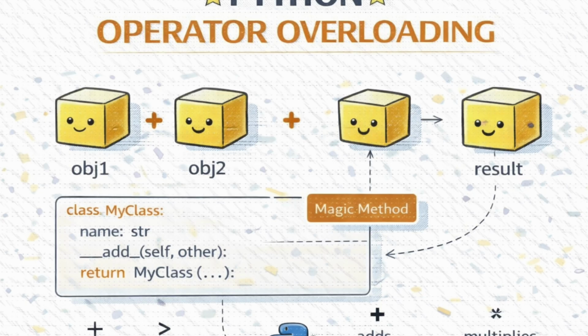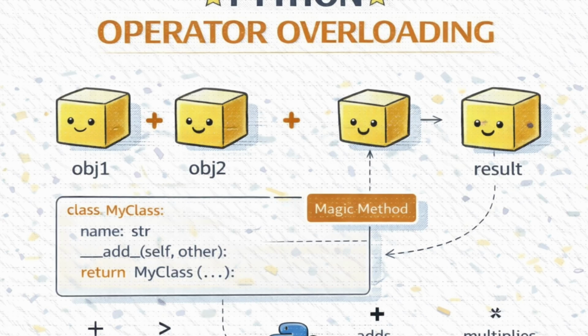So if I wrote A plus B, Python looks at object A and says, does this thing have an add method? If it does, great, it runs my custom logic. And if it doesn't? Then you get the type error. Exactly. It's a very structured lookup process. And while we're going to cover the most critical ones today, if you ever need the complete list, the Python data model reference documentation is the place to go. That's the ultimate guide.